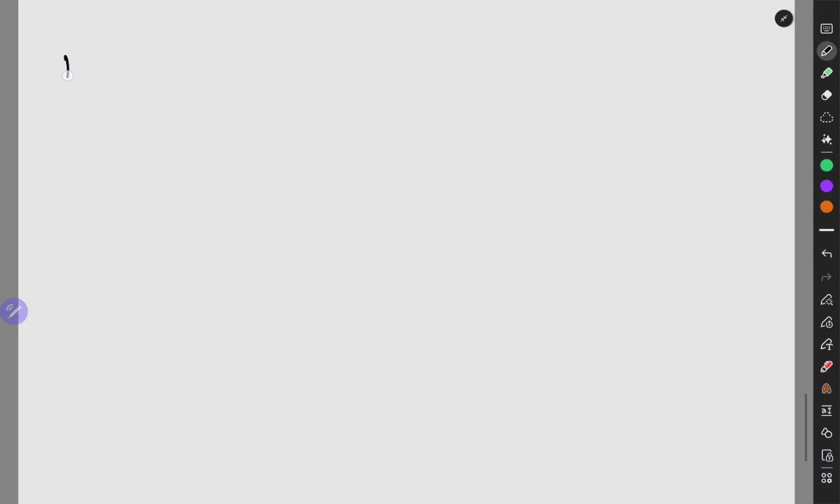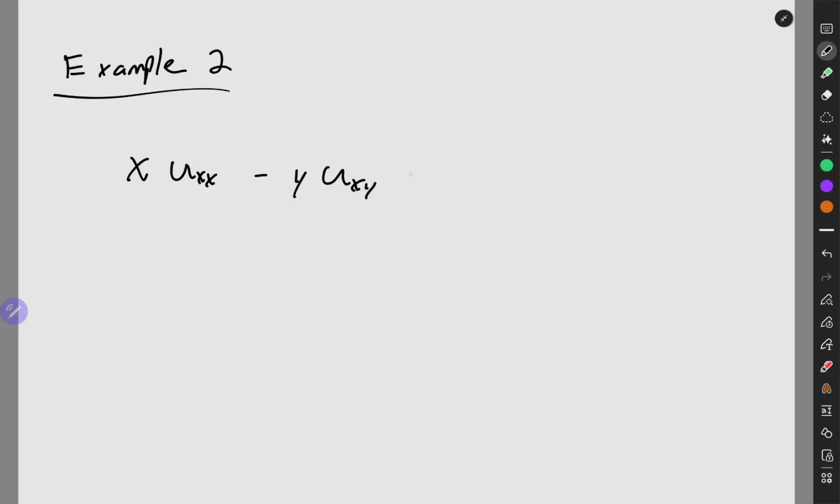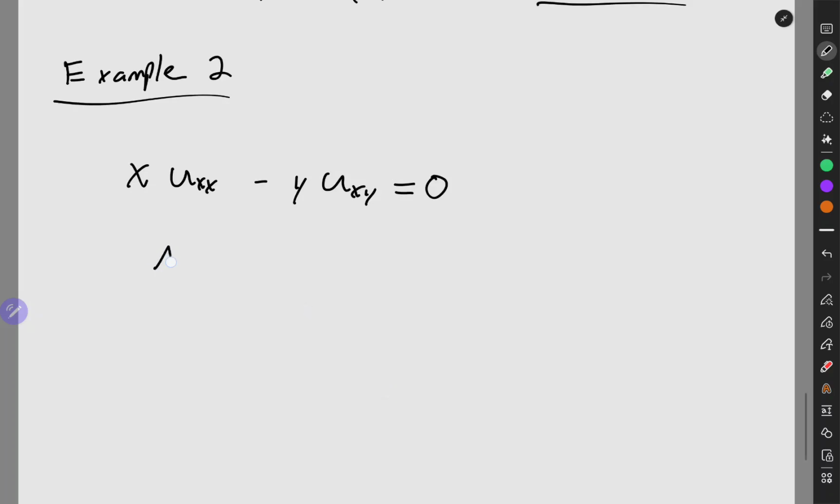Let's take a look at another example. I have one more. Oh, this is an interesting one. So we have x uxx minus y uxy equals 0. So our a is x. Our b, now, you see we don't have the 2 there, so what we have to do is divide by 2, so it matches our general equation.